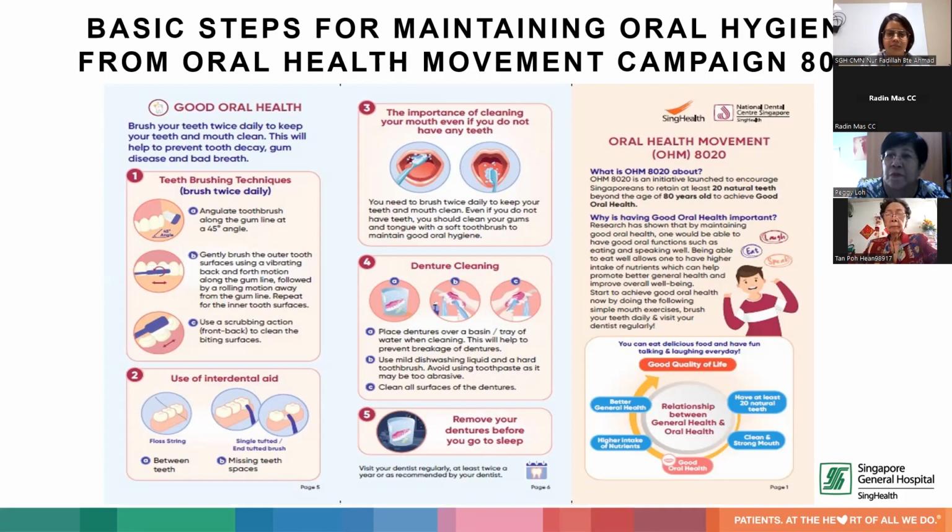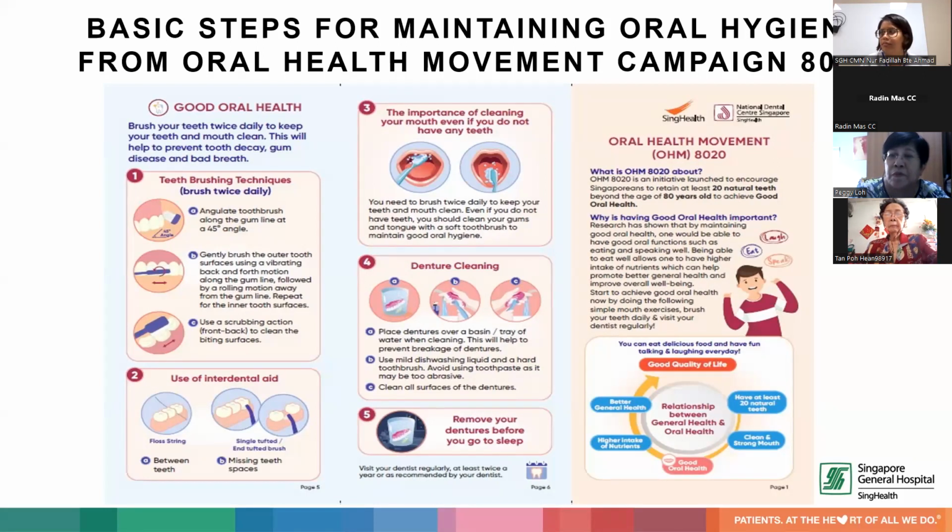If it is very hard for you to do this angle, you can use this angle over here, straight like that. For the inner surfaces, you just do the same also.